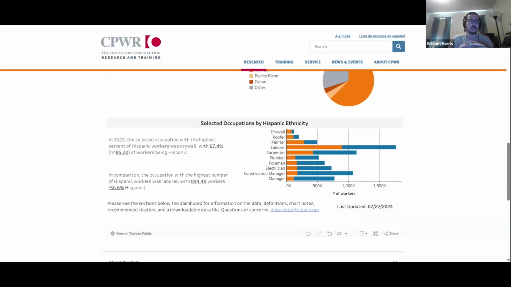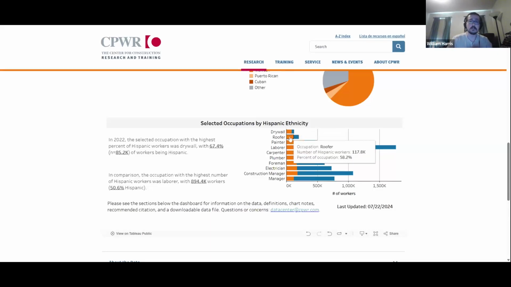Additionally, there are variations among construction occupations. And so this chart here covers those occupations that have historically had either high numbers of Hispanic workers or high proportions of Hispanic workers. And so we see that within construction in 2022, drywall had one of the highest proportions of their workforce Hispanic, with over 2 in 3 drywall workers being of Hispanic ethnicity.